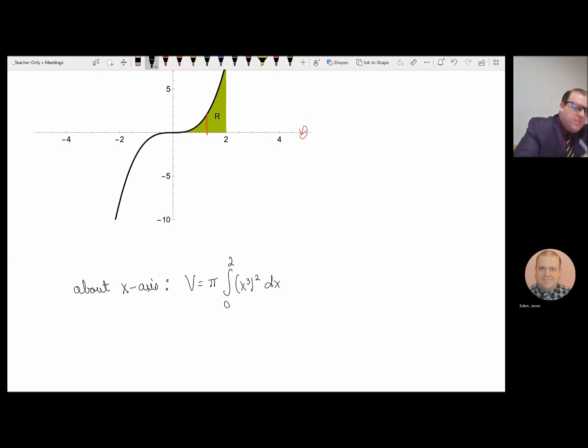And then squared. You have to watch the video for the derivation. It has to do with cross sections or disks. And the area is pi r squared.